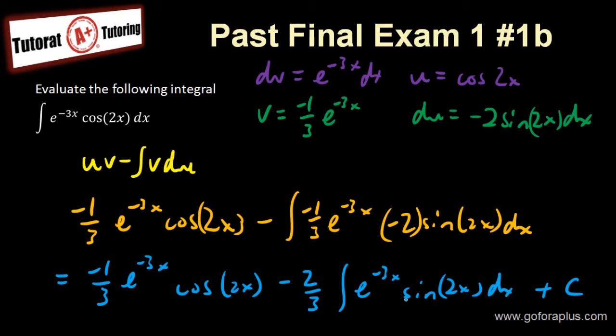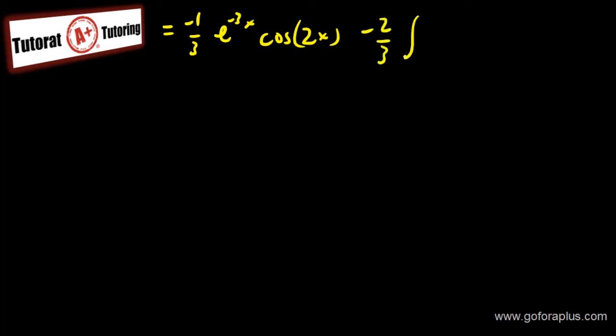Now, following this, I see this integral again is integration by parts, right? It's exactly the same as my question, except that it's sine. So let's do this again. Let me recopy that. So I have equals to minus 1/3 e to the minus 3x cos of 2x minus 2/3 integral of e to the minus 3x sine of 2x dx.